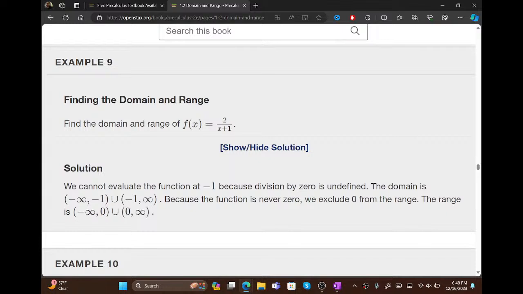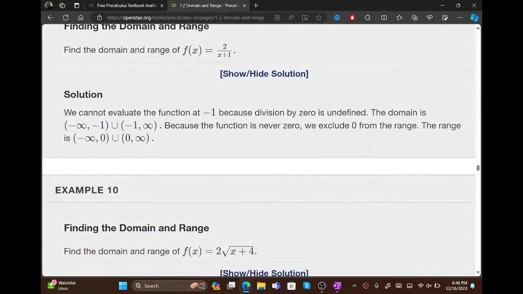The range is a little harder. I will say that the way that I do it is by vertical and horizontal asymptotes. They help a lot with doing this, but this is an interesting way of seeing it. Typically I've never seen it solved like this before.